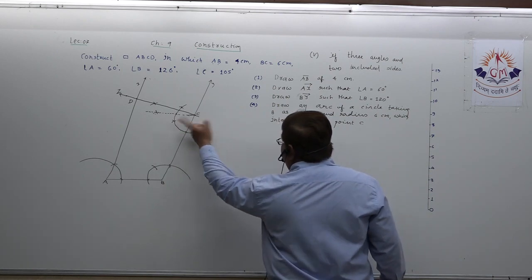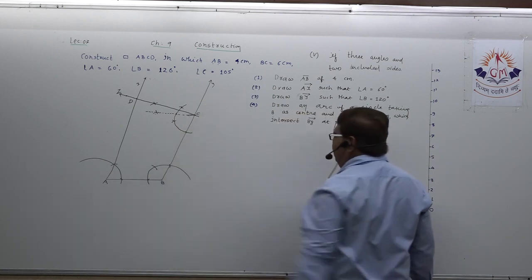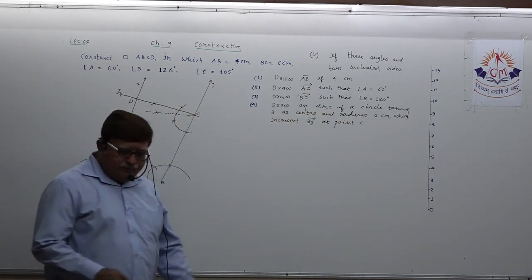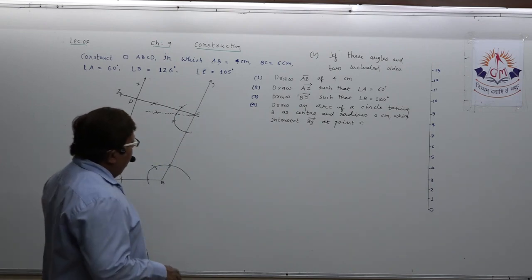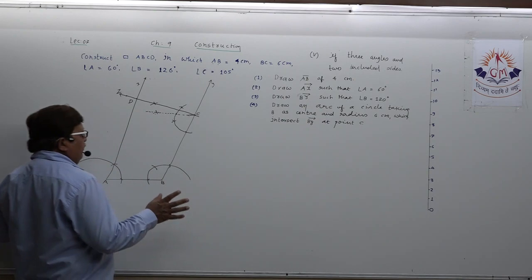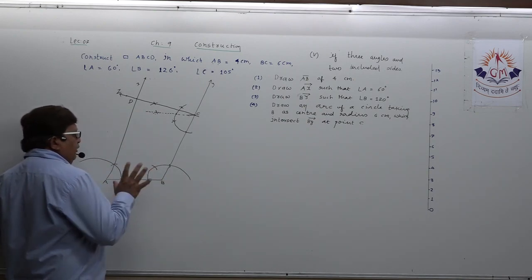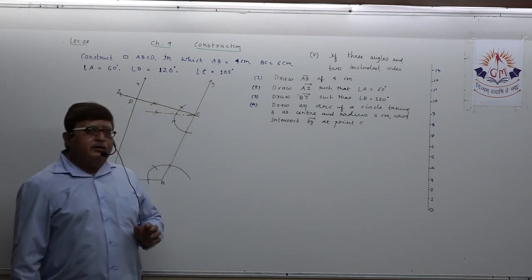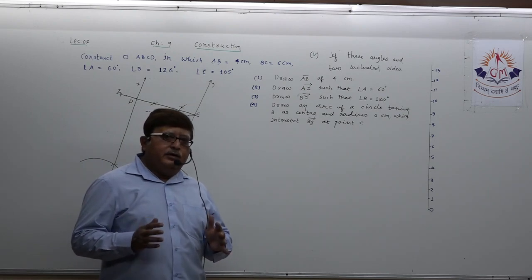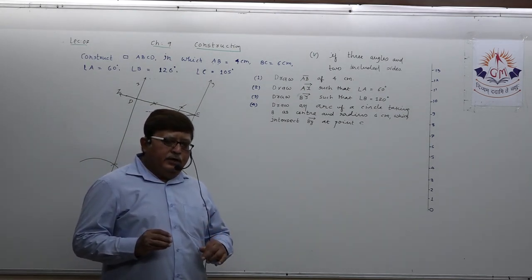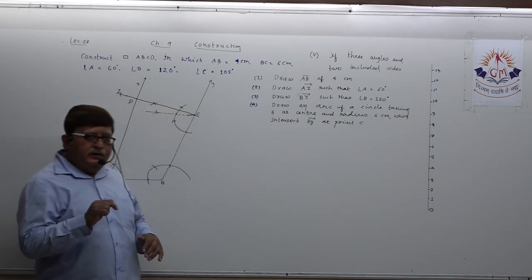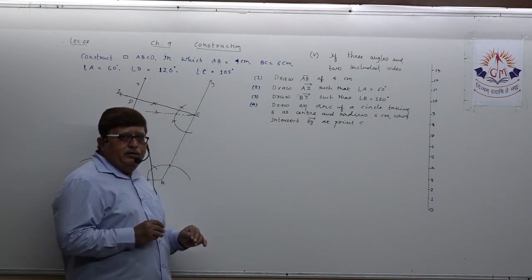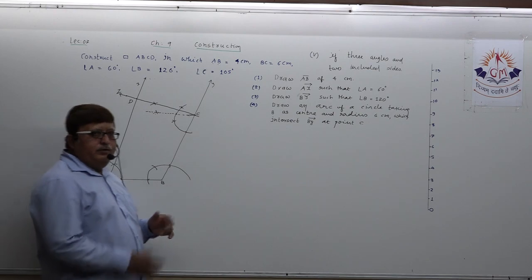Centering the compass here, you have drawn an arc which intersects ray BY at a particular point C. Now we got C. Just now I told you, steps are sequential, and I have seen students always making mistakes and not bothering about the correctness of the steps they are writing. Actually, the steps of construction are an integral part of the construction, and you should develop the natural skill of writing them.